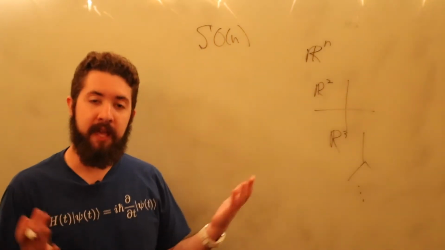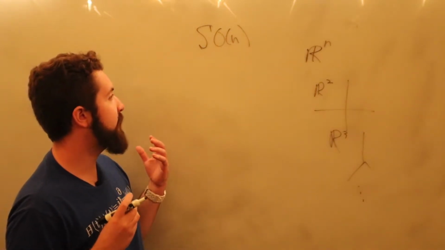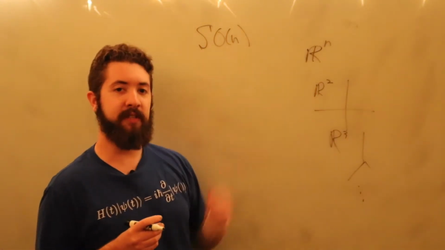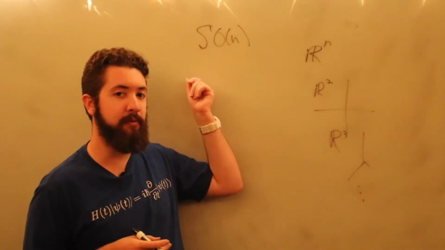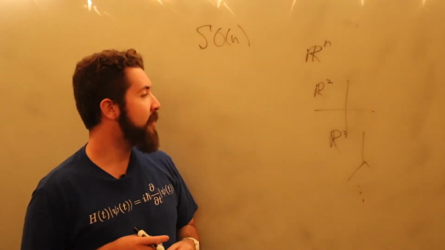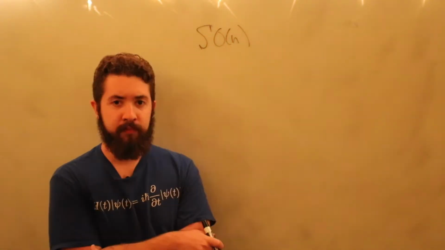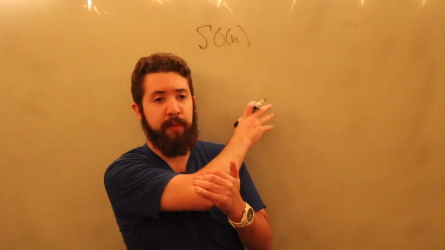Rn has n perpendicular axes, and what we're wondering is, what is the dimension of this? That is to say, how many numbers does it take to specify a rotation, which I'm saying this group represents, in n-dimensional space? So the special orthogonal group, first and foremost, is a group.